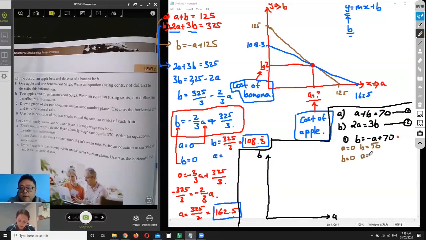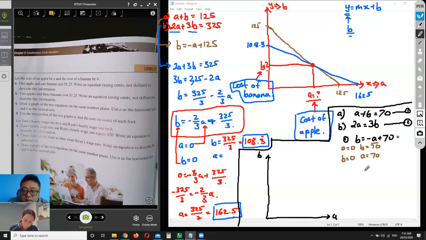Negative 70. Not quite, because you've already got the negative there. So just 70. Good.